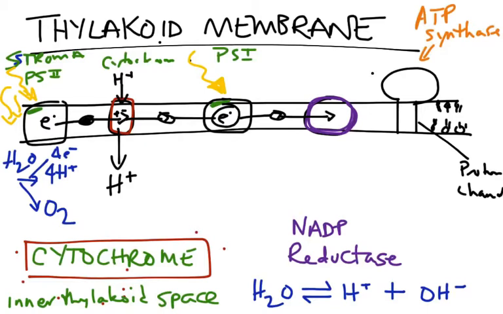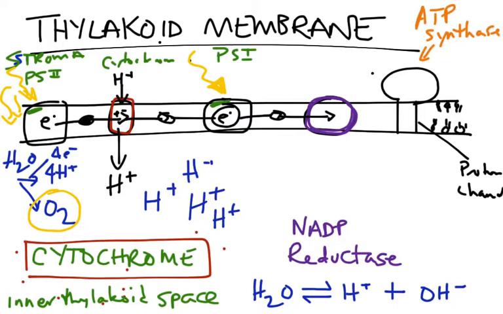What happens to the protons? Well, we're going to just put a bunch of protons here. Okay? And oxygen diffuses out. It's now a byproduct. This is where we make oxygen. We split water apart. Lysis, splitting; photo, light. We use light to split water.